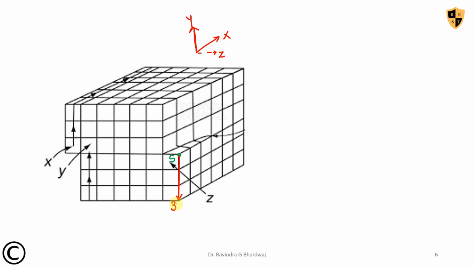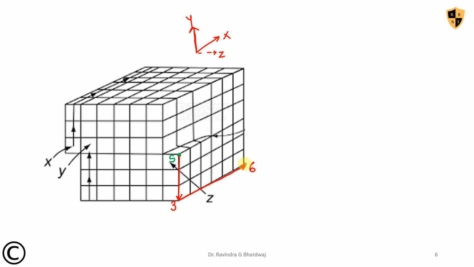Now I will move, let's say, 1, 2, 3, 4, 5 and 6. I have moved 6 units in positive x. Now I have moved 3 units in negative y, and I started at the starting point, where the dislocation is existing. So I should move more than 3 units, right?